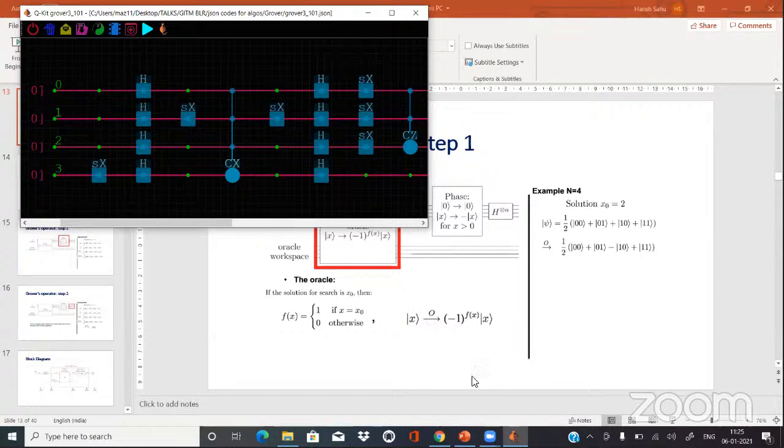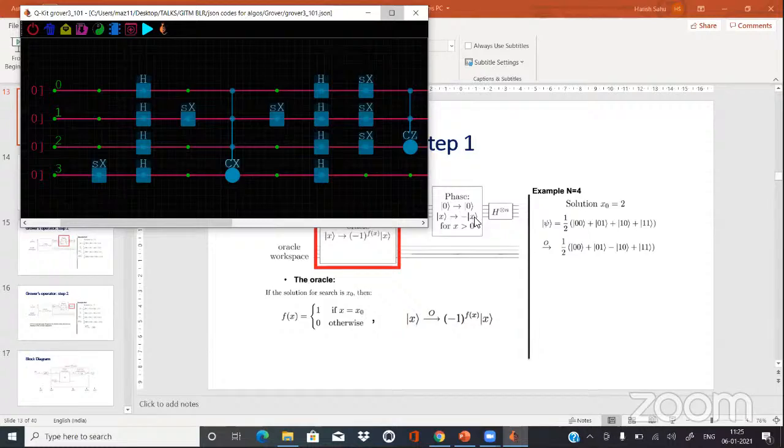Whenever fx is 1, then only the sign will change. Otherwise, it will not change the sign. So this is the oracle operator. Here, because we changed this x2, we have to restore it to the original state. So we just nullify the effect of this x gate here.